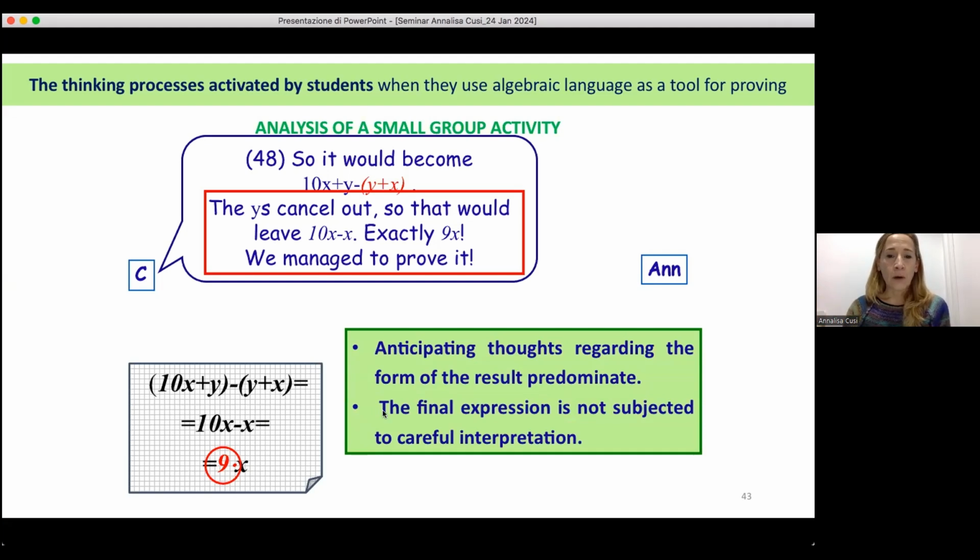And so this anticipating thought predominates on other processes. In particular, it predominates on the control of what they are doing in algebra and on the interpretation of the final expression, which is not subjected to a careful interpretation.